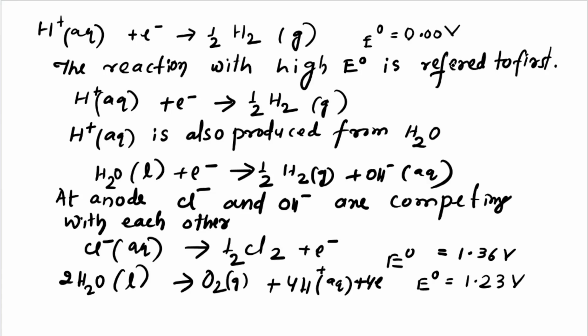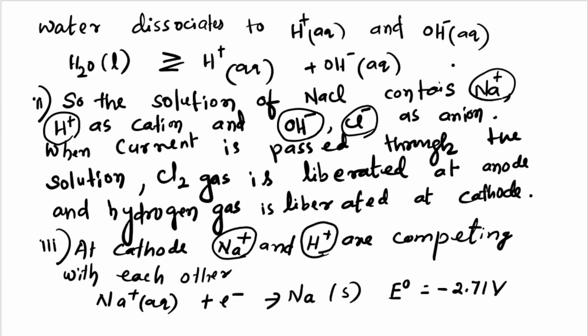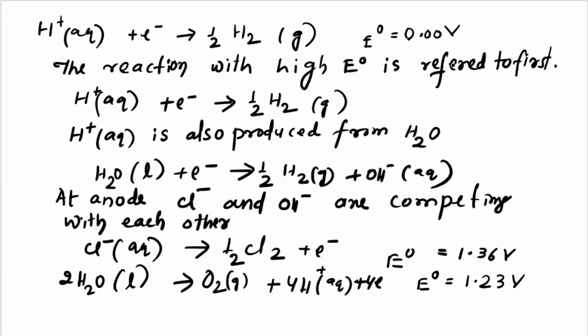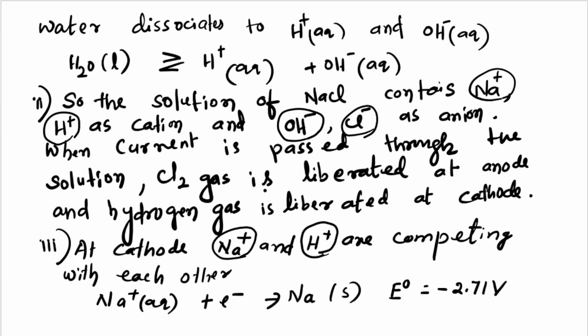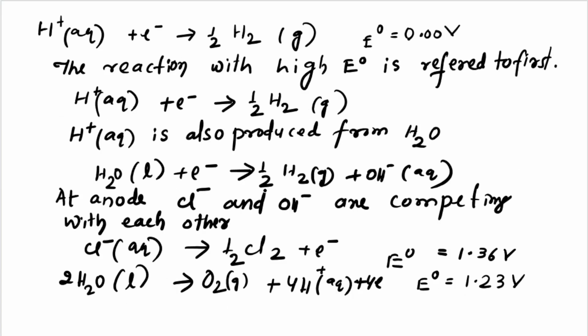So here what happens? Here you can see chlorine is liberated at the anode and hydrogen gas is liberated at the cathode. Now, how hydrogen gas is liberated I have explained here. It is produced from H plus, and here the reaction with high E0 is referred first. Na plus plus electron has a standard electrode potential of minus 2.71, whereas hydrogen is 0.